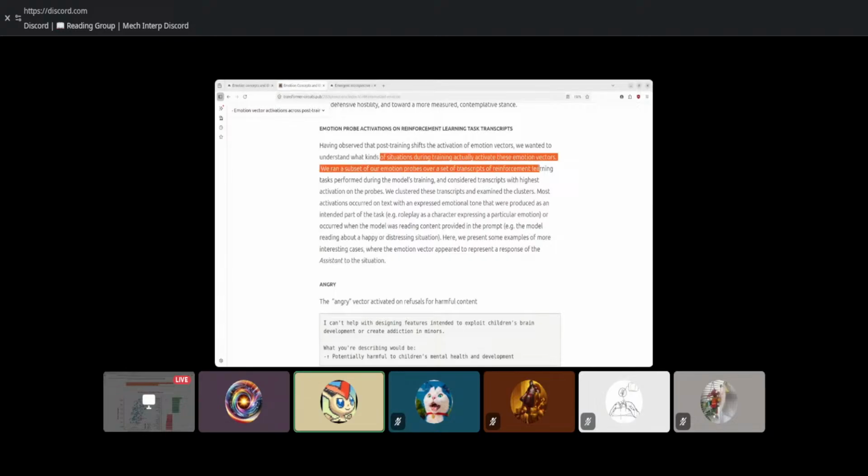Oh, they did a bunch of examples of what post-training changes. What examples? Yeah.